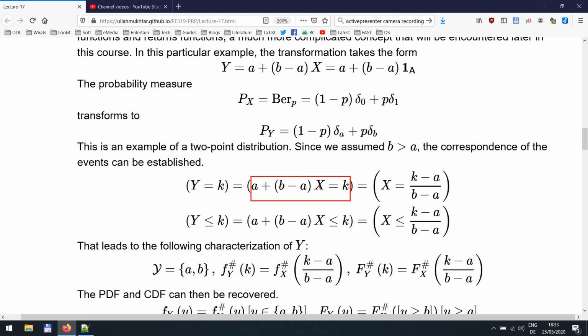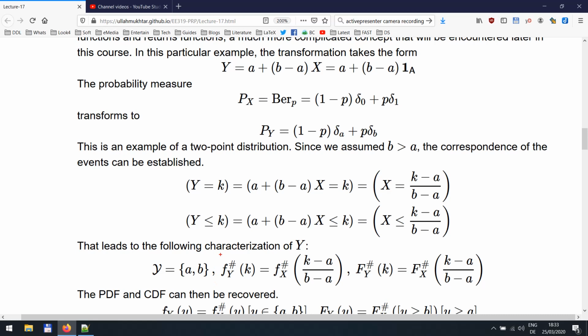Now if I solve this for x, I get this. Now this is a question about X, and I know how to answer that because I know the PDF of X. So I can now have full characterization of Y. The set of values is a and b as before.